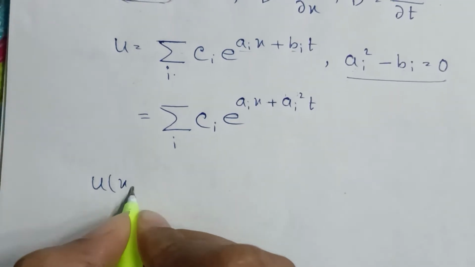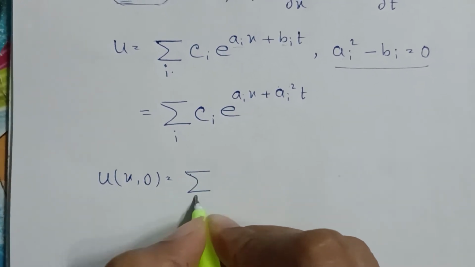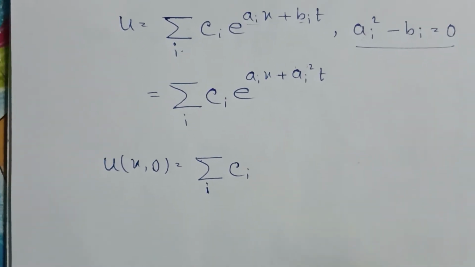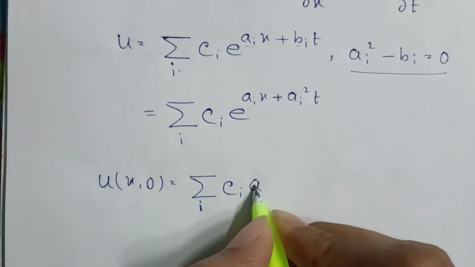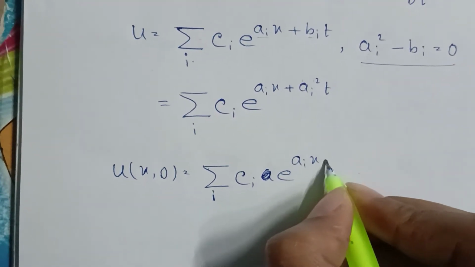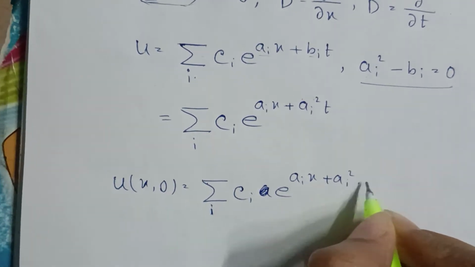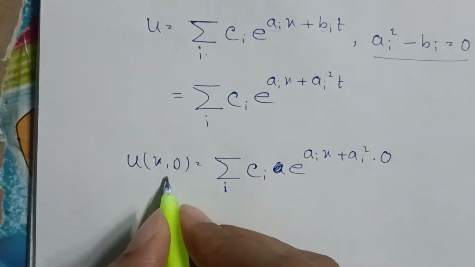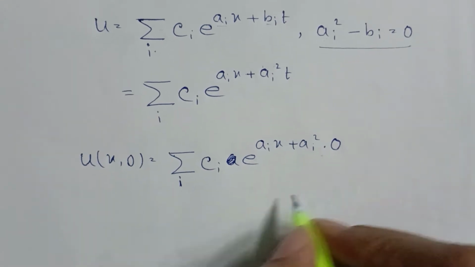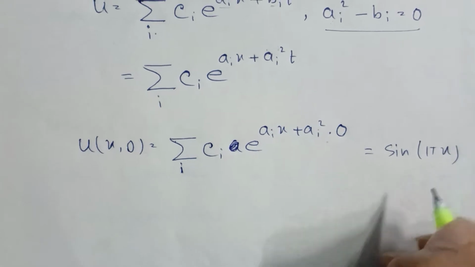Now u(x,0) here is summation c_i. Remember, we don't know where i runs from where to where. So e to the a_i x plus a_i squared t, a_i squared 0, since this is the value of u(x,0), so we put 0 in place of t, and this is equal to sine pi x.